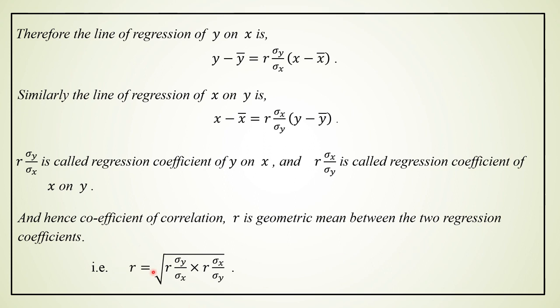So I can write r is equal to square root of r into sigma y by sigma x into r into sigma x by sigma y. So the coefficient of correlation and the regression coefficients are related by this equation. Just make a note of it.